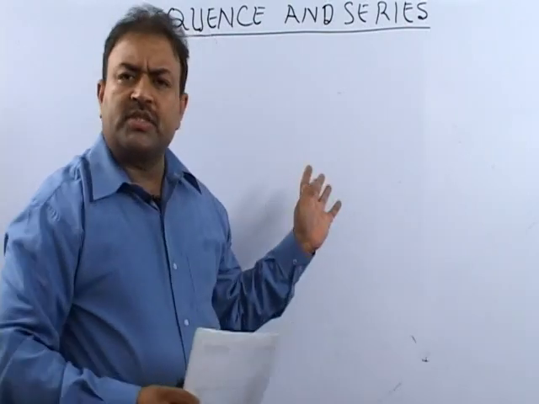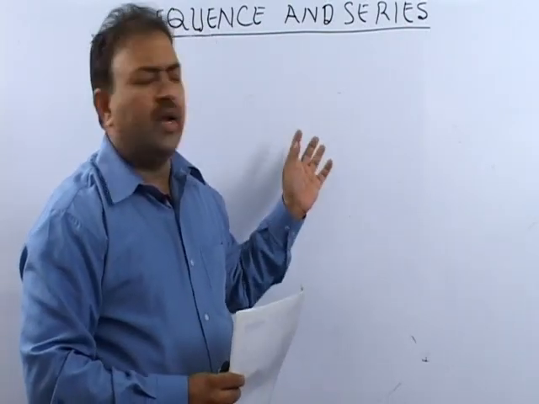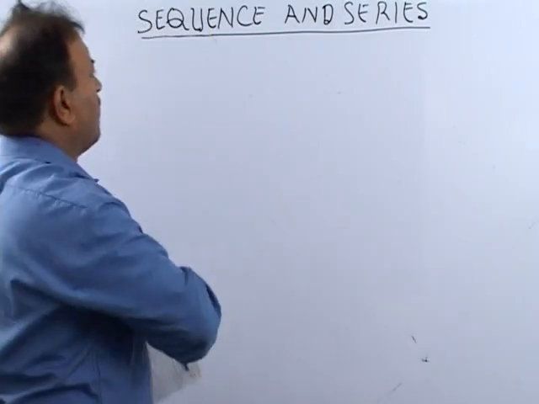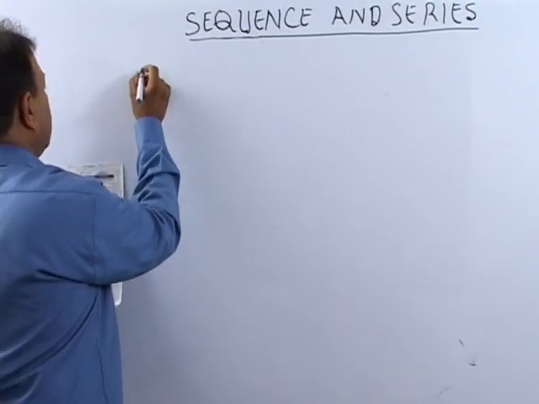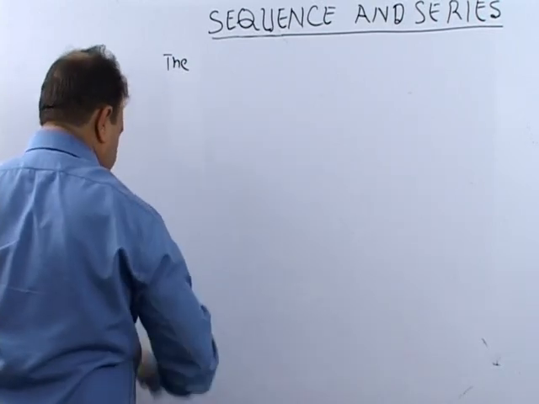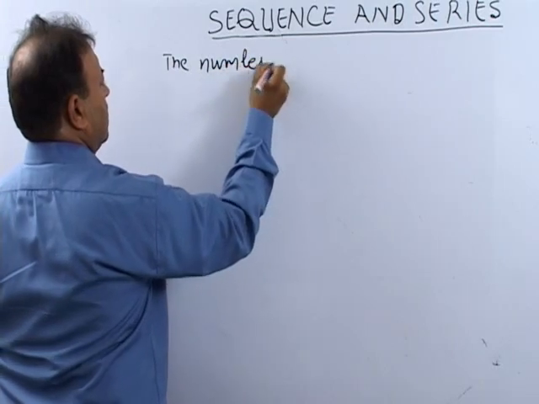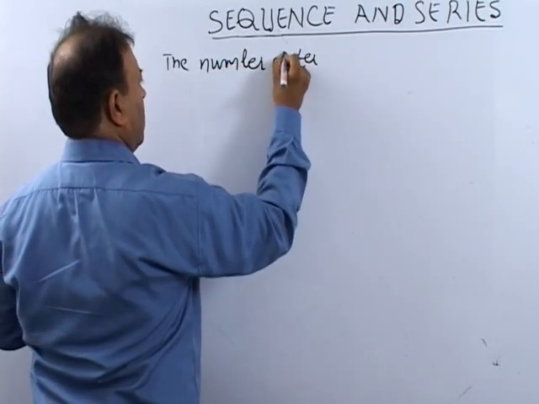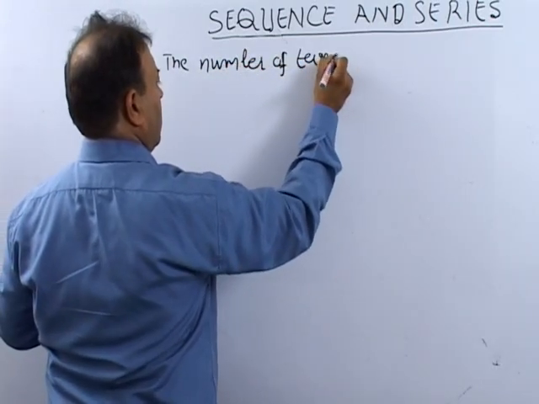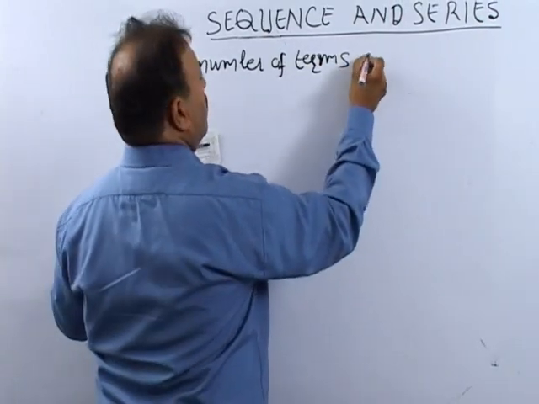Now this question is similar, but this is not a part of our booklet. So I'm writing it down from my own. See, the question is: the number of terms common to two APs.